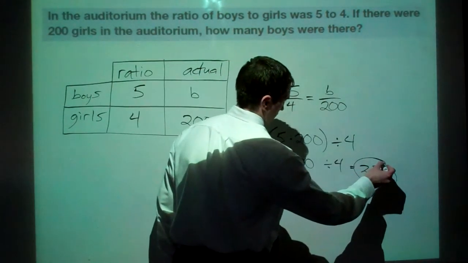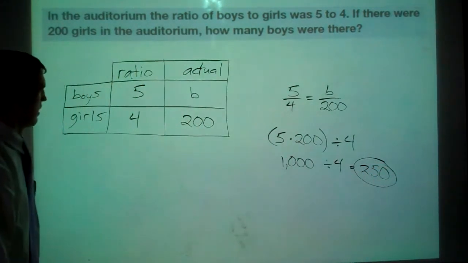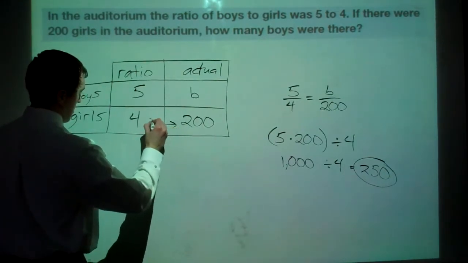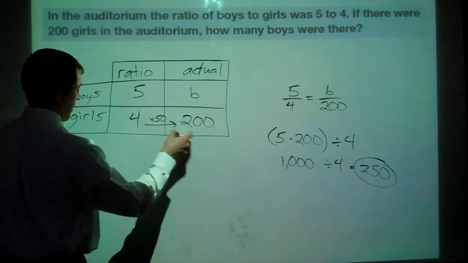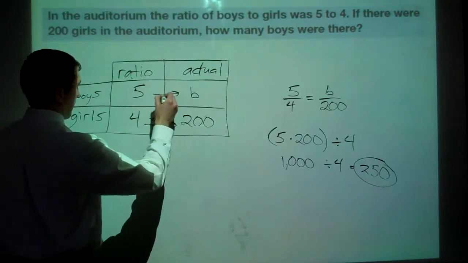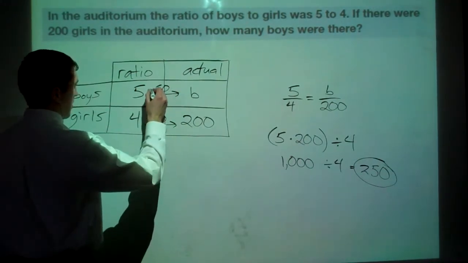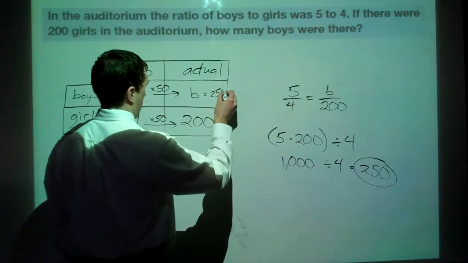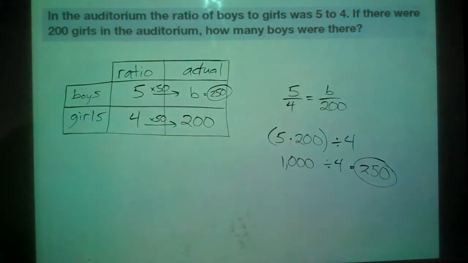Let's see if we can get that the other way real quick. I know that 4 times 50 equals 200, and 5 times 50 gives me 250 boys. Alright, so we do come out with the same answer there, as we should.